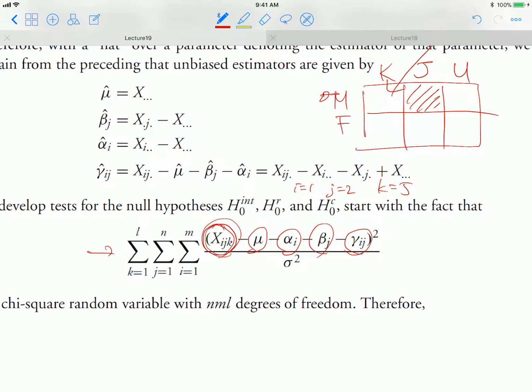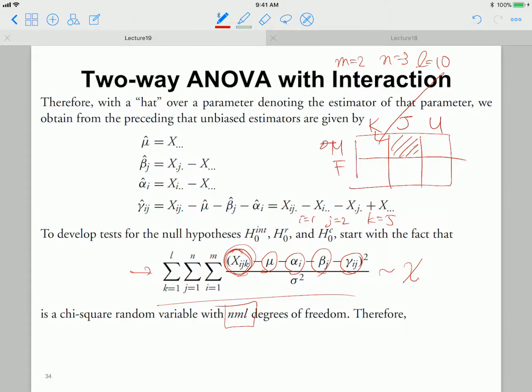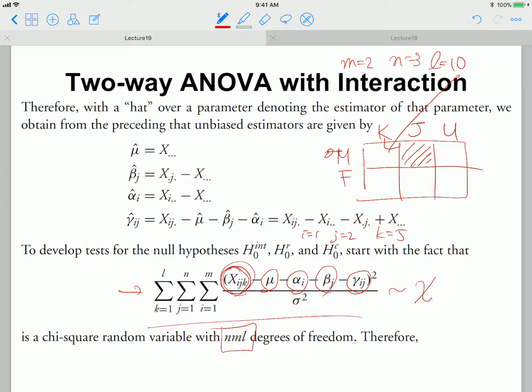When constructing this, it will follow the chi-square distribution with degrees of freedom of M times N times L. In this case, each cell contains 10 observations, so in total, 6 times 10, 60 samples. So this is the degree of freedom.